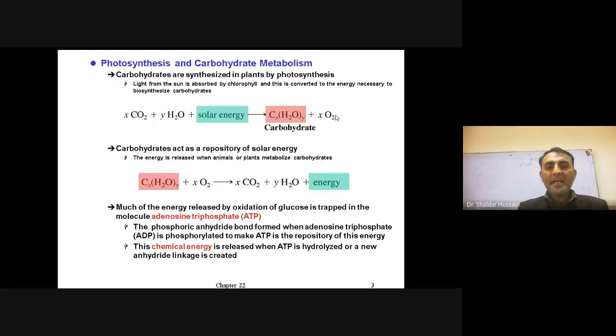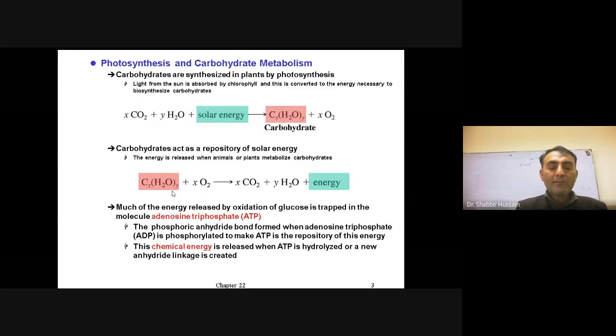How does this oxygen act in human beings? Carbohydrates act as a repository of solar energy. The energy is released when animals or plants metabolize carbohydrates.